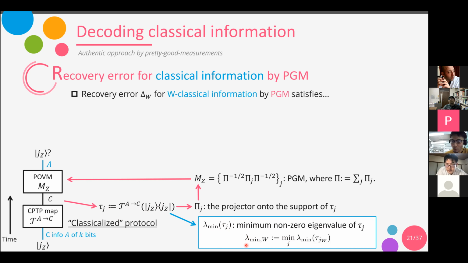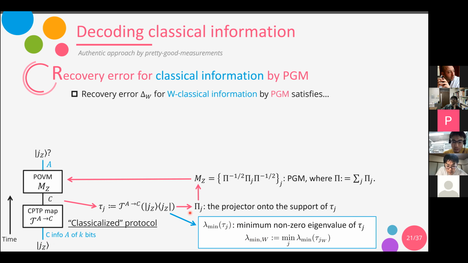That is what we denote by lambda min w, where w is z or x. So we have lambda min z and lambda min x as well. To define lambda min x, we just change this basis state to the Pauli x basis. So we have two things.